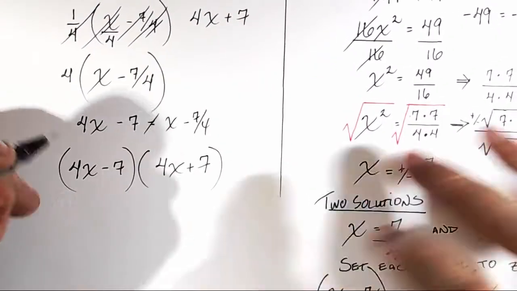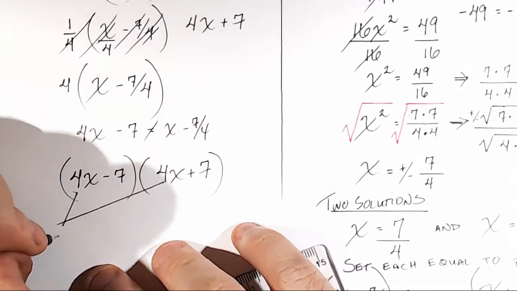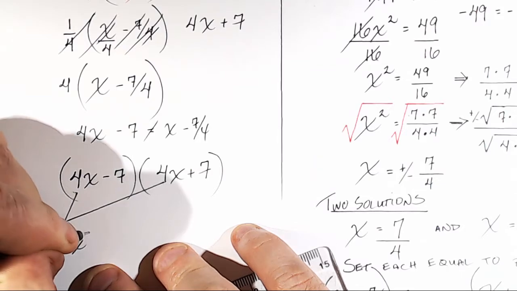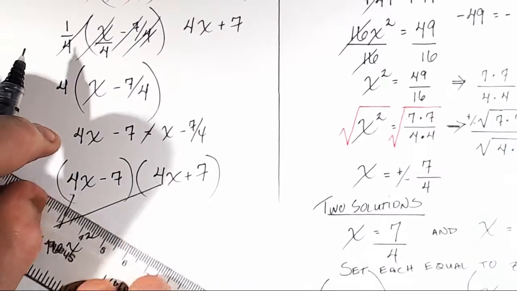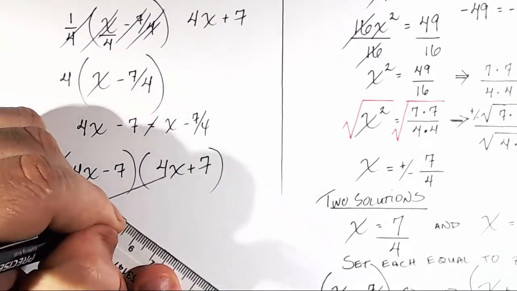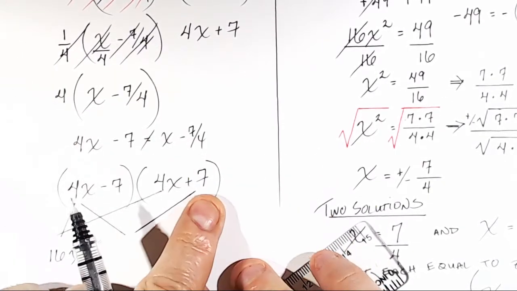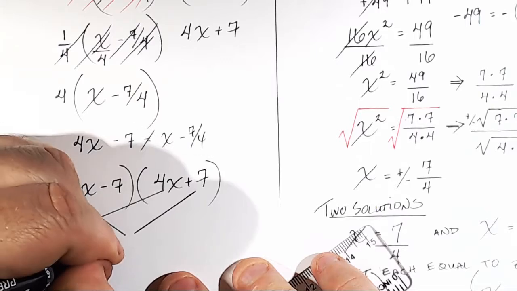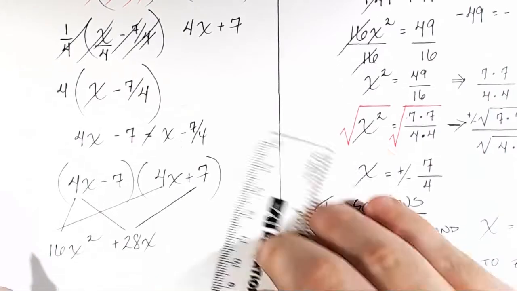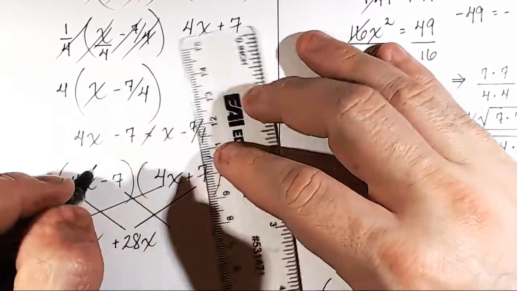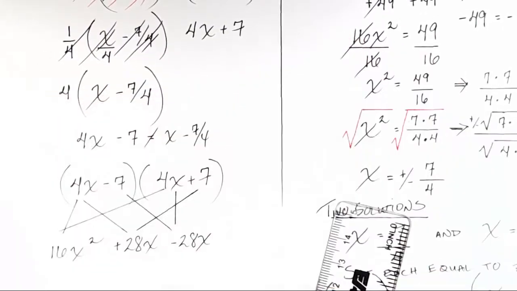Let's see. 4x times 4x equals 16x squared. 4x times 7 equals plus 28x. Negative 7 times 4x equals negative 28x.